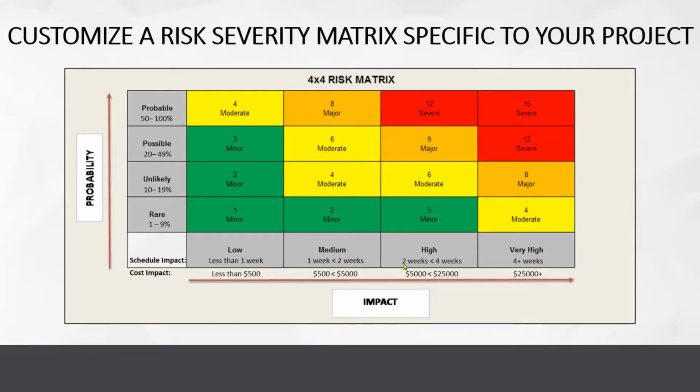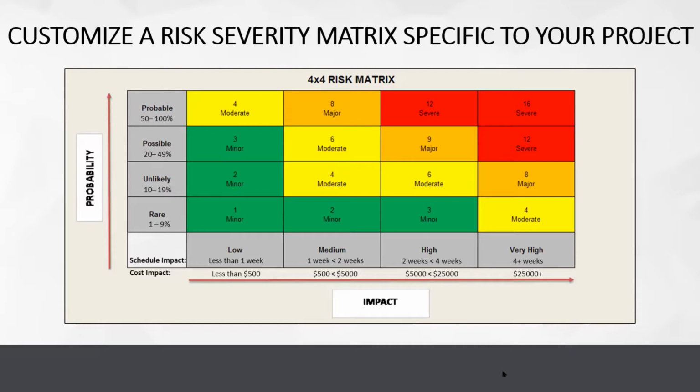Medium impact, high impact, very high. You can see that this should be customized because the scale of the project is important. If I have a $30,000 project, I probably don't want $25,000 plus to be the high end. I would probably want that amount to be less because, again, it's going to depend on the scale of the project.